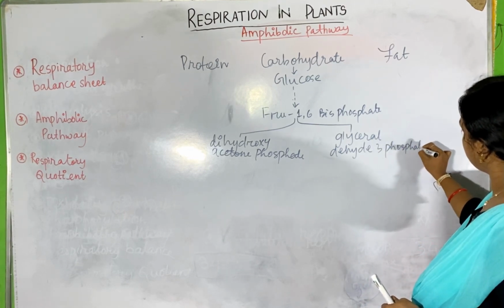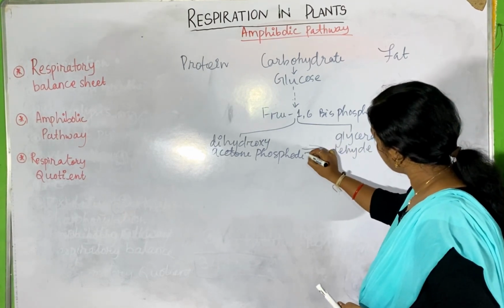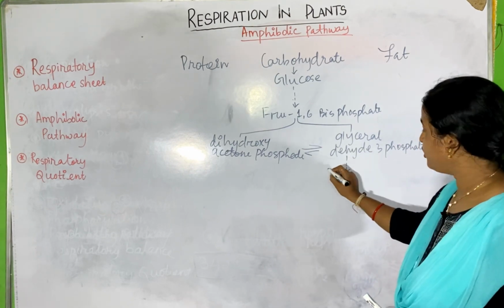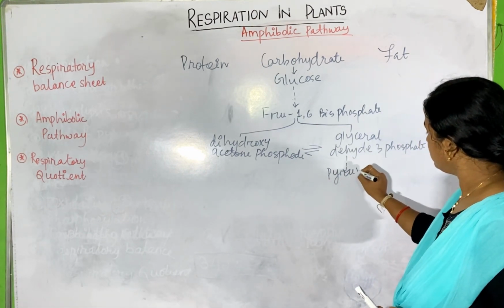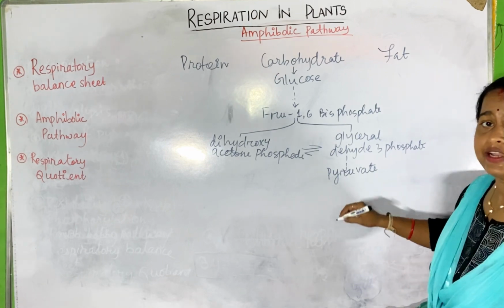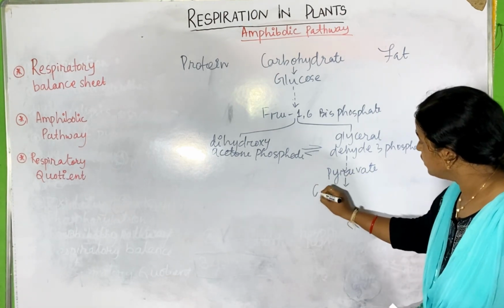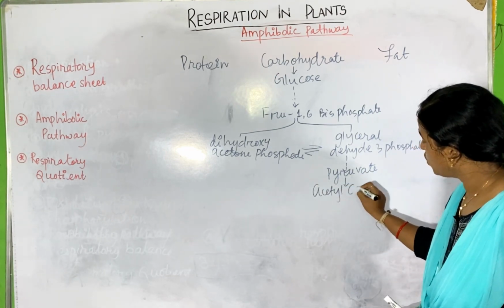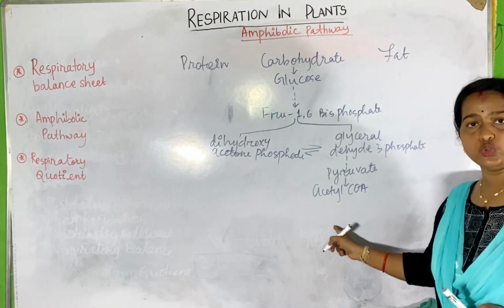Then we will ultimately get pyruvate. That pyruvate can form acetyl coenzyme A and enter the Krebs cycle.